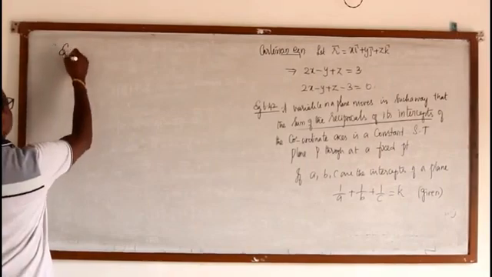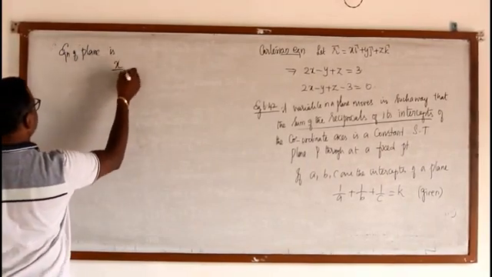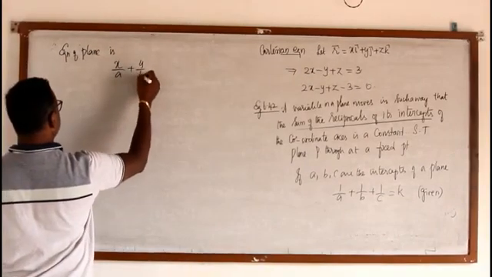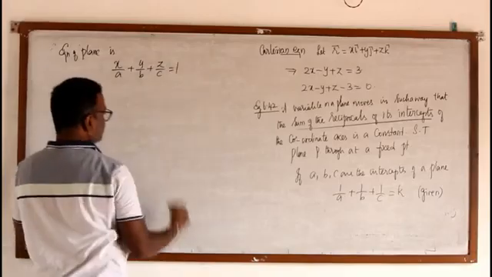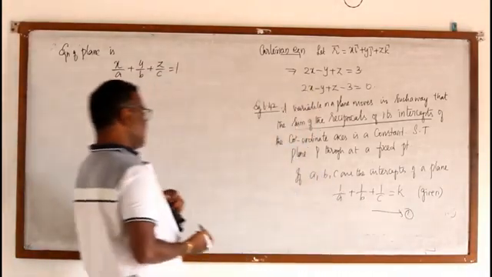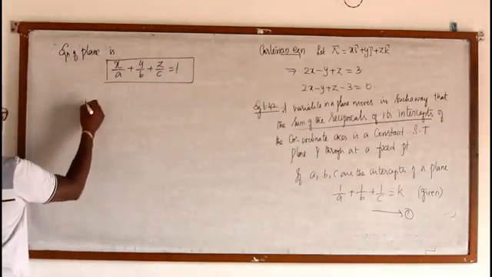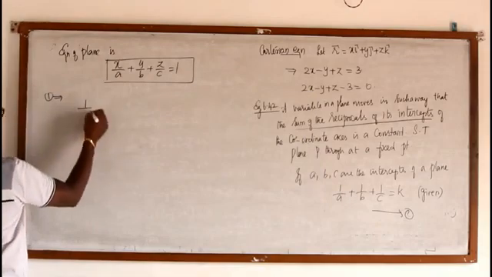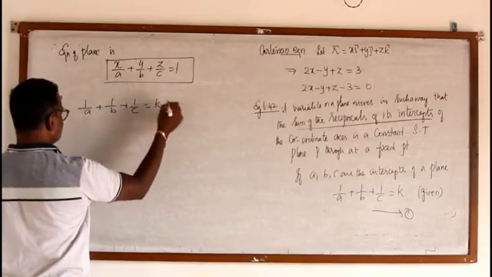We know the equation of a plane in intercept form is x by a plus y by b plus z by c equal to 1. Now, let me take this one as 1 by a plus 1 by b plus 1 by c equal to k.